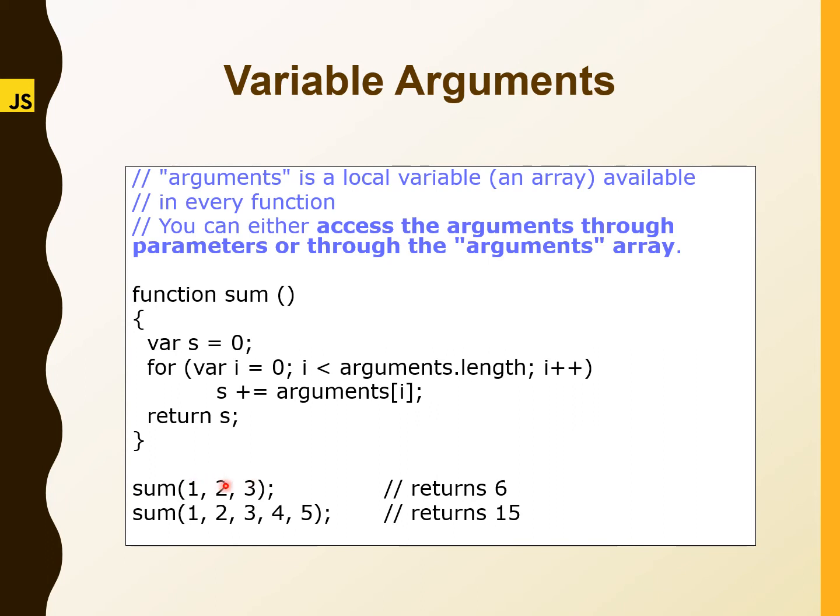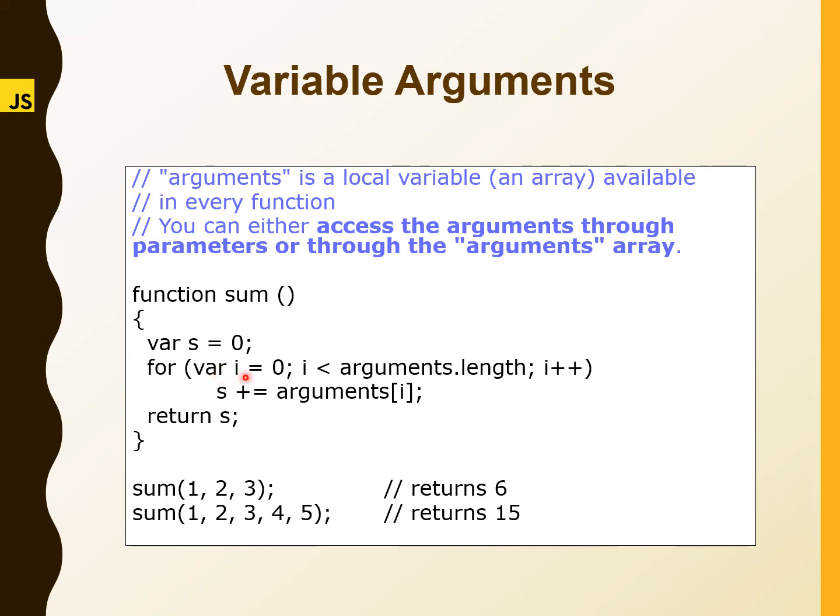Three arguments are there, 1, 2 and 3, so an array will be created with index values. The size of the array is 3, so the index values will be 0, 1, 2, because array index always starts from 0. So the range of this arguments array is 0 to 2.